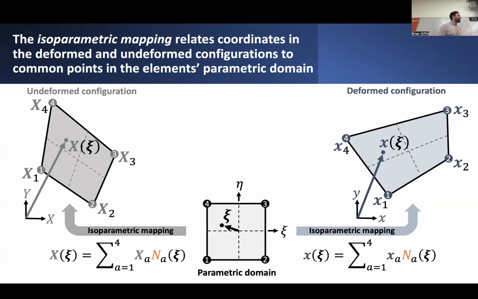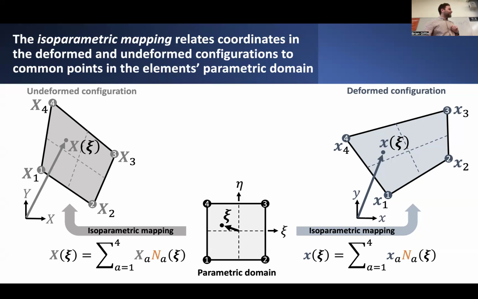If we're looking at the undeformed configuration, we use the initial coordinates before any loading has been applied, capital X. If we're looking at the deformed configuration, we use the deformed nodal coordinates, the lowercase x. So effectively we have two isoparametric mappings, one for each configuration.